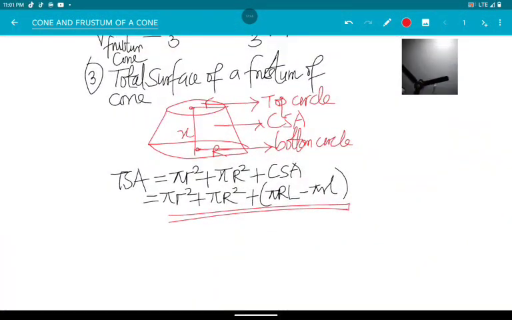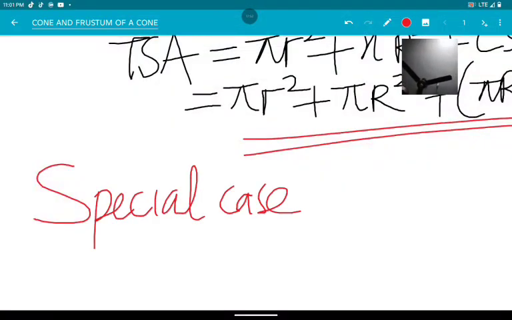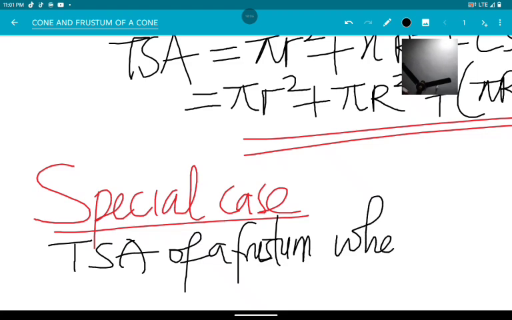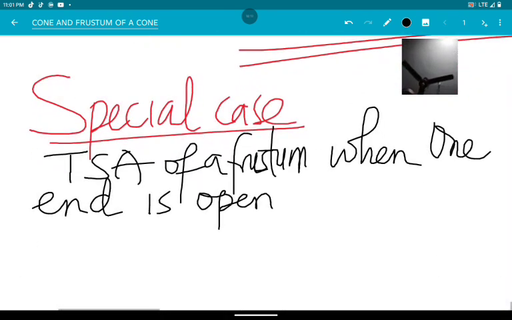Now, in some special cases, pay attention. If we are to find the total surface area of a frustum when one end is open, of course, you'll be told the end that is open.